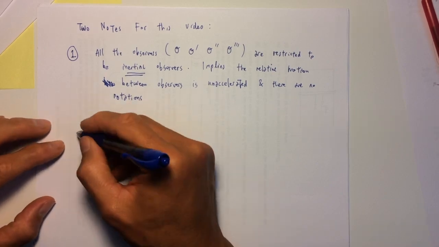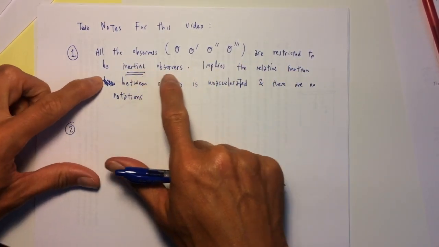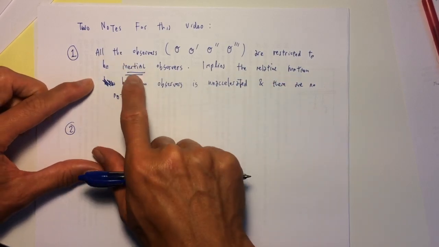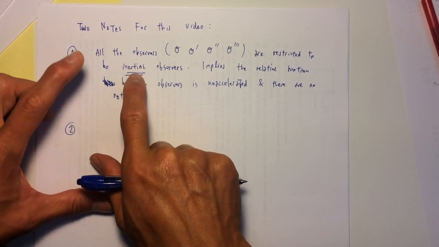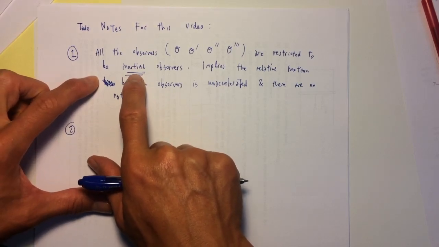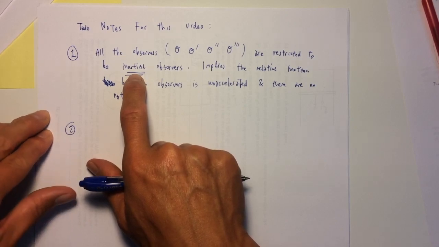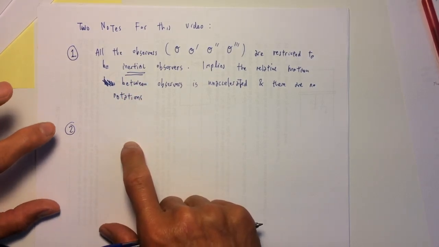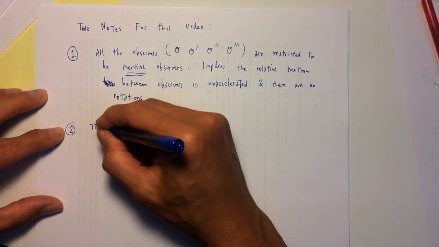So you should just assume that when you're being introduced to relativity, the fact that you are being introduced by inertial reference frames is an important sort of data point for your brain to keep track of what you're learning. Okay, so the second point is just sort of a thought experiment.